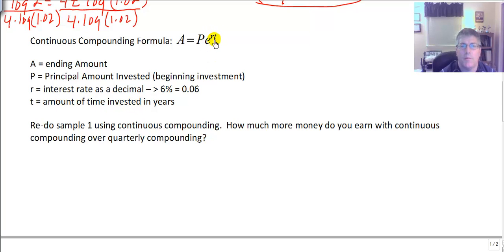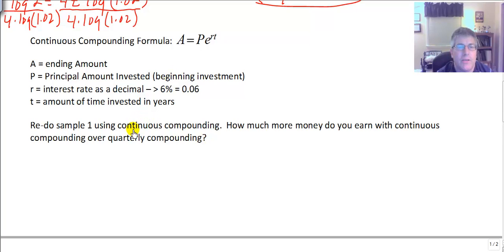Now we don't have to worry about compounding because we're compounding continuously. So that means we add your interest to your principal as it's earned. We don't hold it for a while and then add it later on. It's just compounding and compounding and compounding. It's always being continuously added to your principal amount.